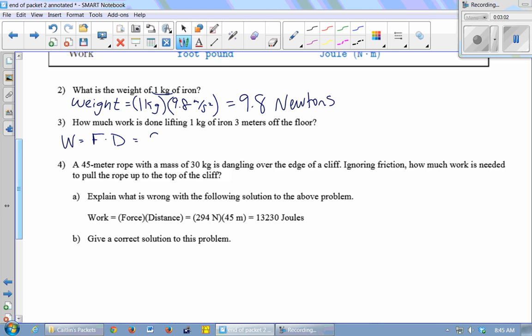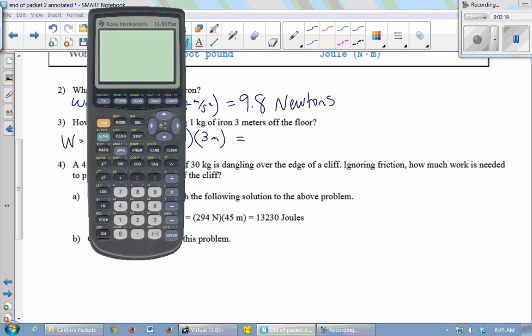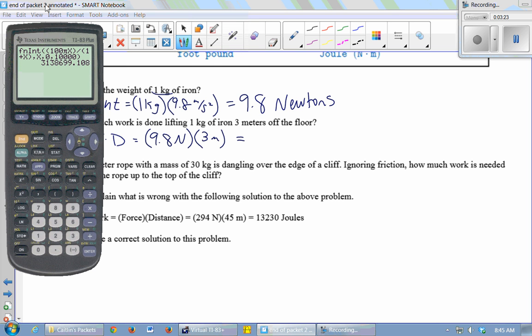So my force is 9.8 newtons, and the distance I'm moving that object is 3 meters. So it's 9.8 times 3 Newton meters, which is also known as a joule. 29.4 joules.